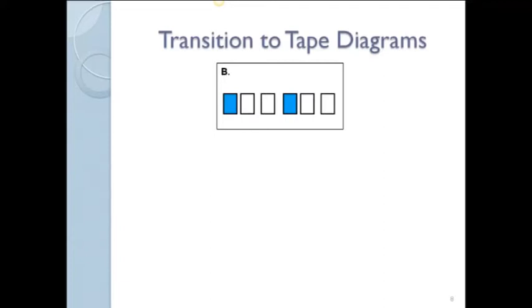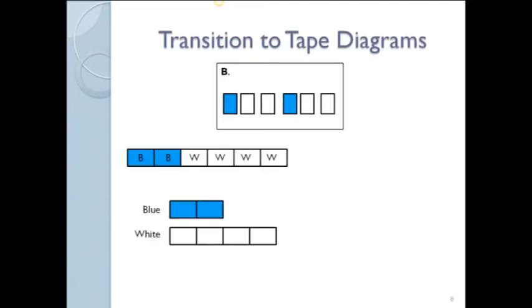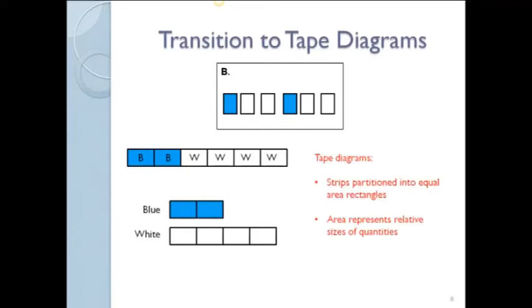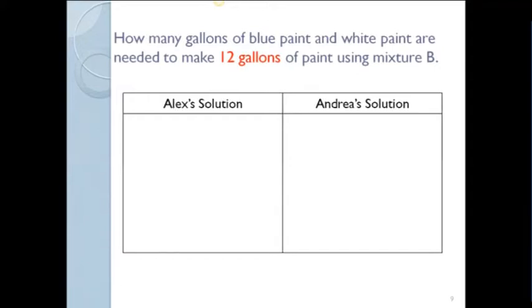Here's what a tape diagram might look like for mixture B. We offer 2 common techniques for drawing them. Equal-sized rectangles are used to represent the equal parts of blue and white, and the blue and white are clearly marked. Let's examine how Alex and Andrea solved this problem.